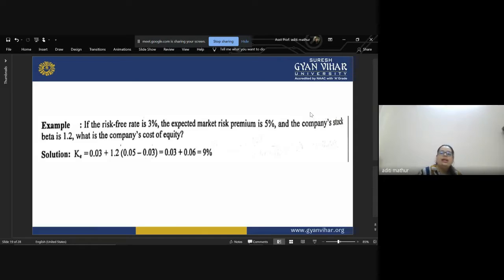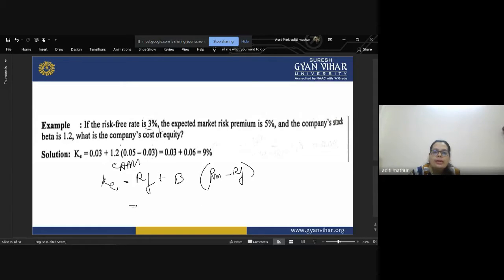So let us check it with the help of an example. If the risk-free rate is 3%, the expected market risk premium is 5%, and the company's stock beta is 1.2, what is the company's cost of equity? So our formula for KE with the help of the CAPM model is Rf plus beta into Rm minus Rf.